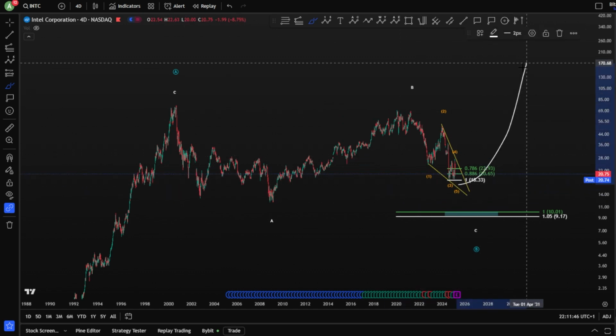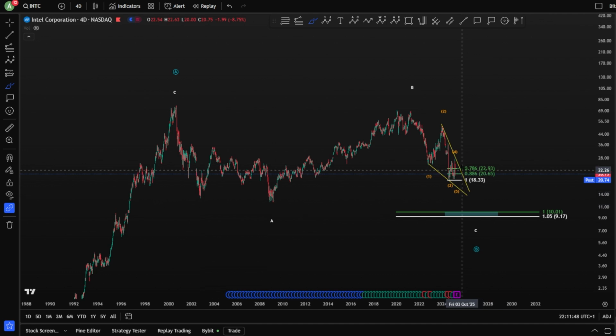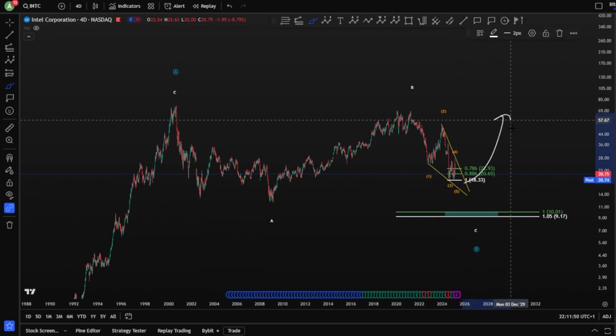And if this happens, it means that we might start to move toward the upside directly after this truncation.